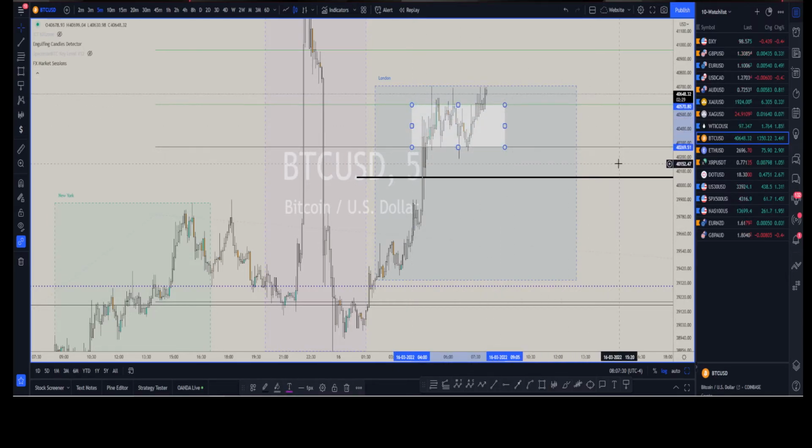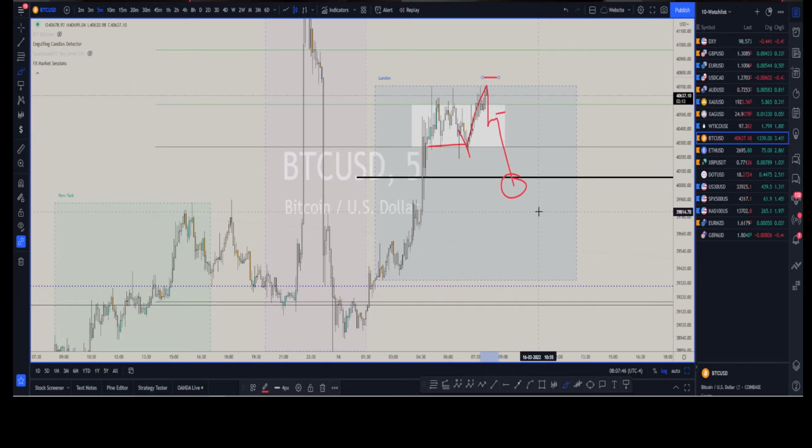This is your area. It somehow broke under, or going up. If it comes back inside here, I'll target this area from here. Just let it come back, break this structure.